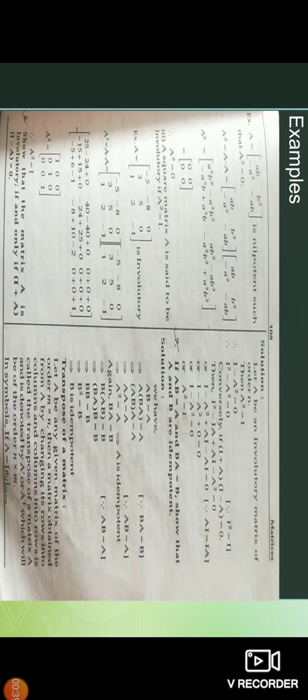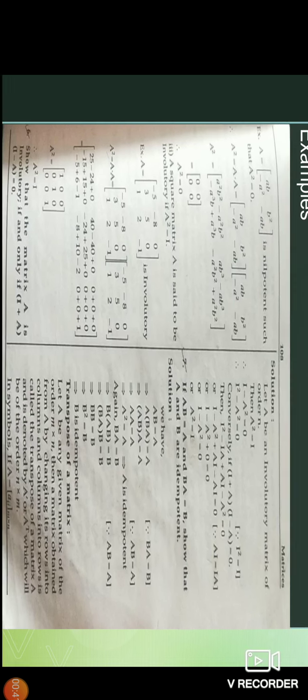Dear students, in the preceding section we have discussed some definitions and examples. That means the definition and example of idempotent matrix, nilpotent matrix, and example of nilpotent matrix. Now, next definition: involutory matrix.